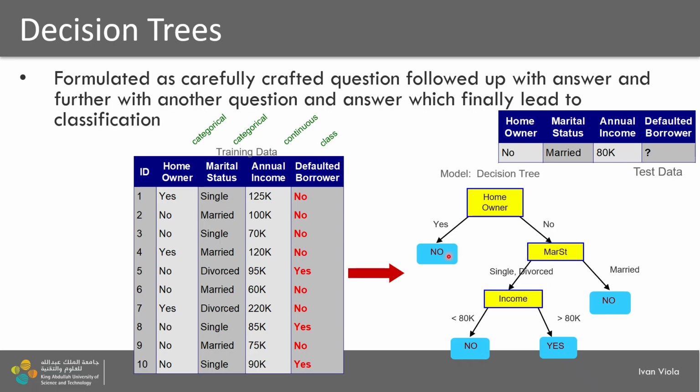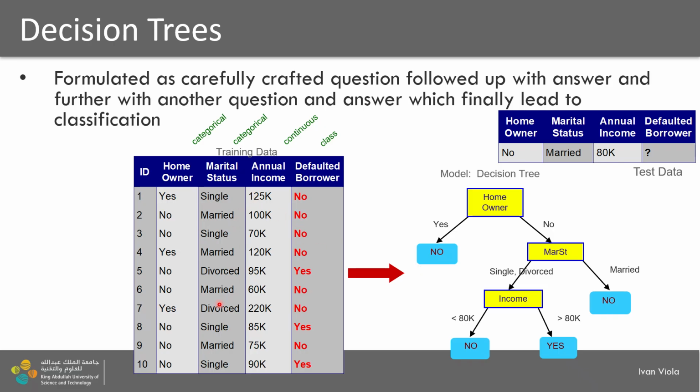If somebody is a homeowner, then they will not be a defaulted borrower, meaning that they will be able to repay the loan. If they are not homeowners, then it might be interesting to see what their marital status is.